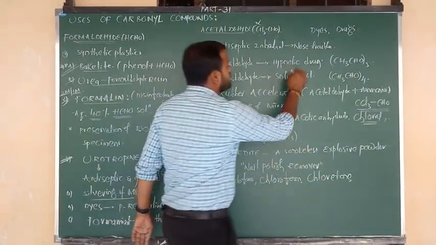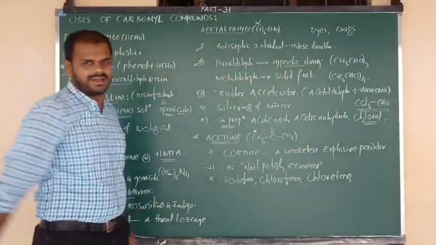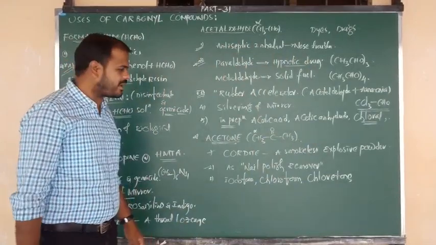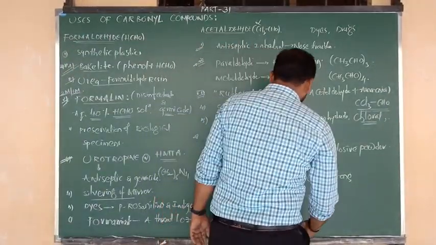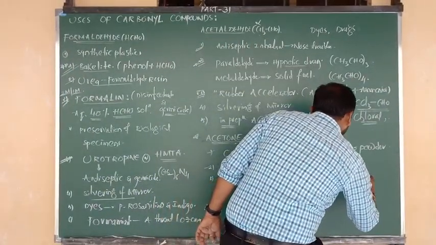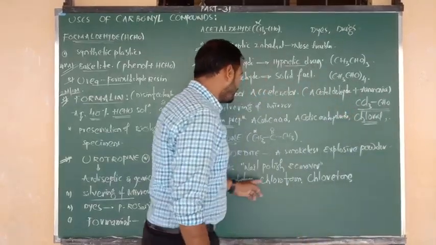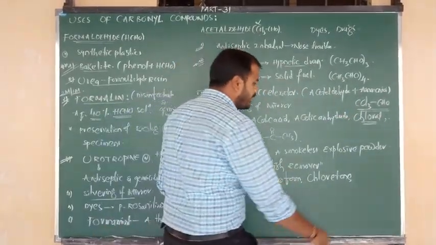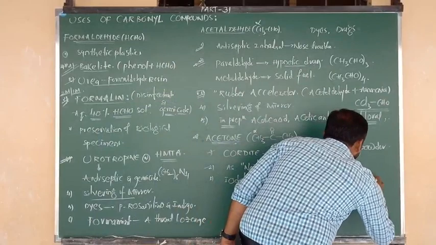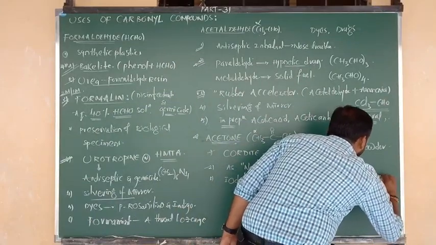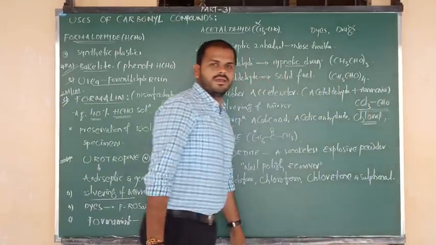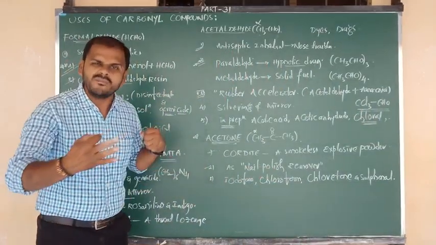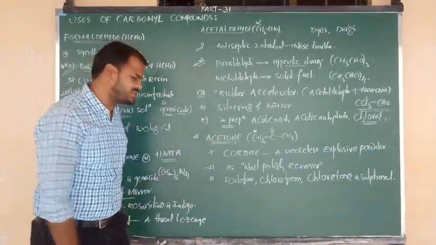Chloritone is a hypnotic drug, same like paraldehyde. We can manufacture iodoform, chloroform, chloritone, and one more chemical called sulfonal. So like this, these types of chemicals we can manufacture by using acetone.